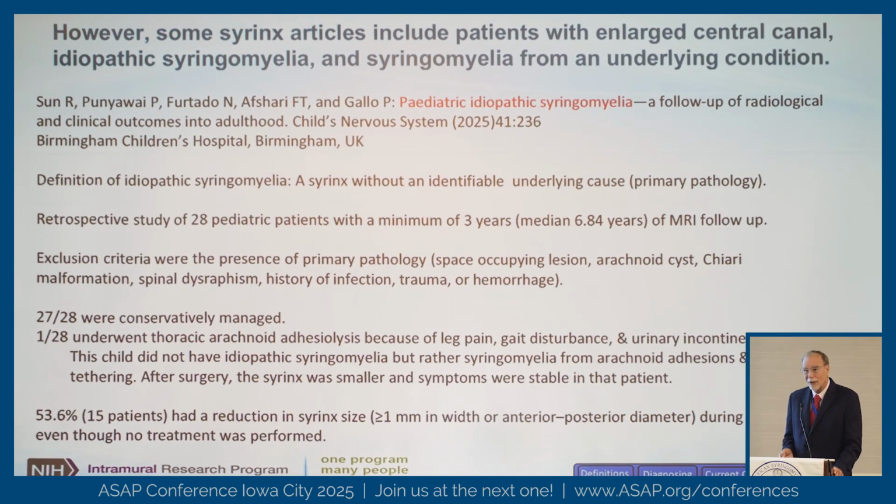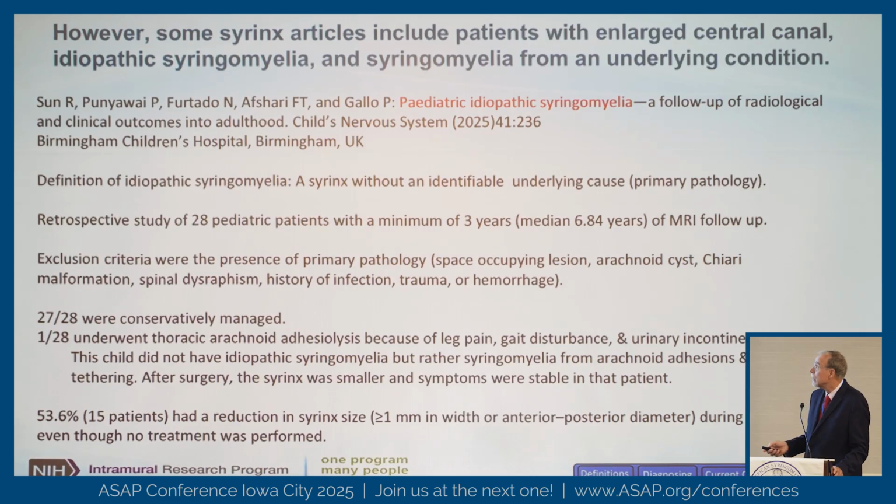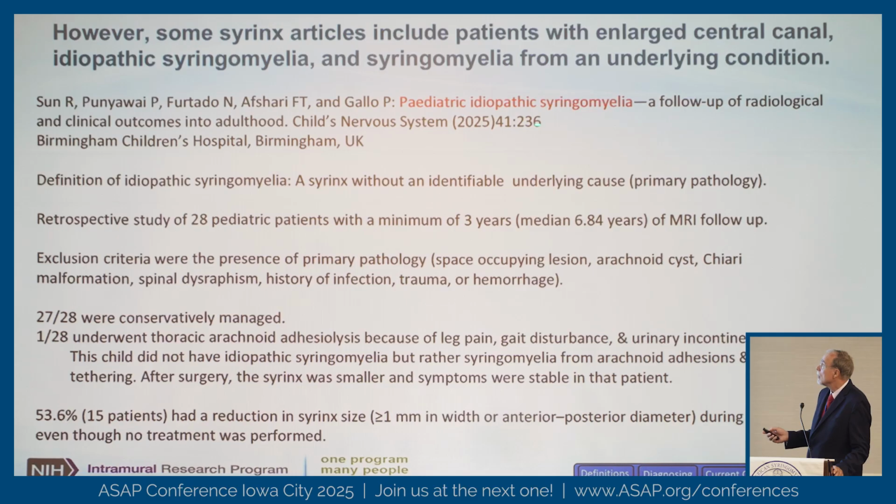Okay, so here's another article, from Birmingham, England, where Bernard Williams was. They really specialize in syringomyelia. It was published in Child's Nervous System, and they report on treating idiopathic syringomyelia.